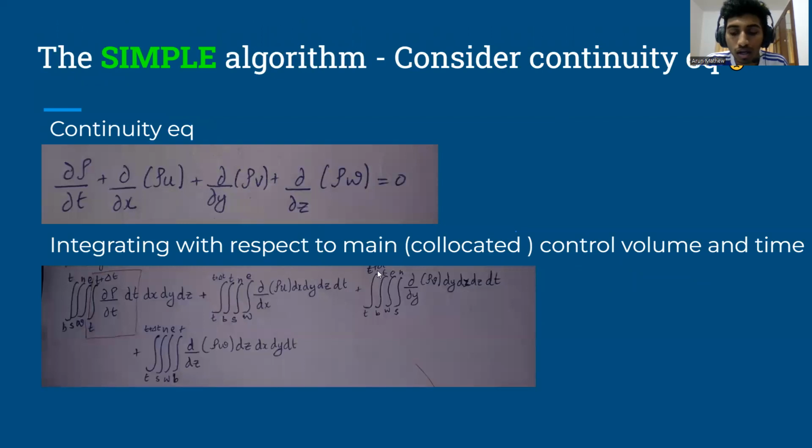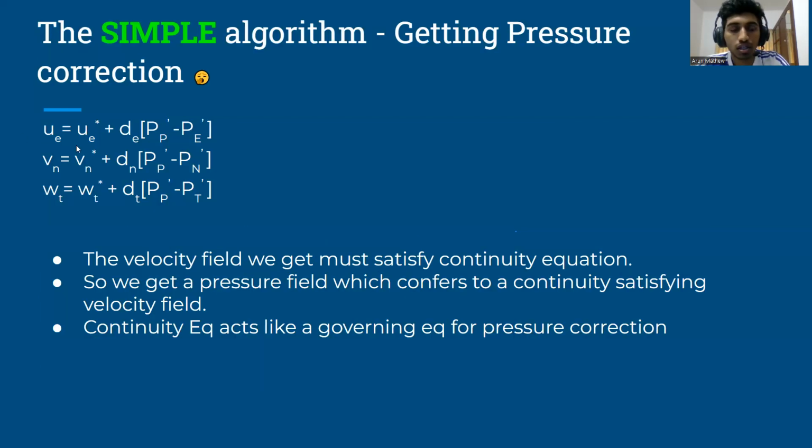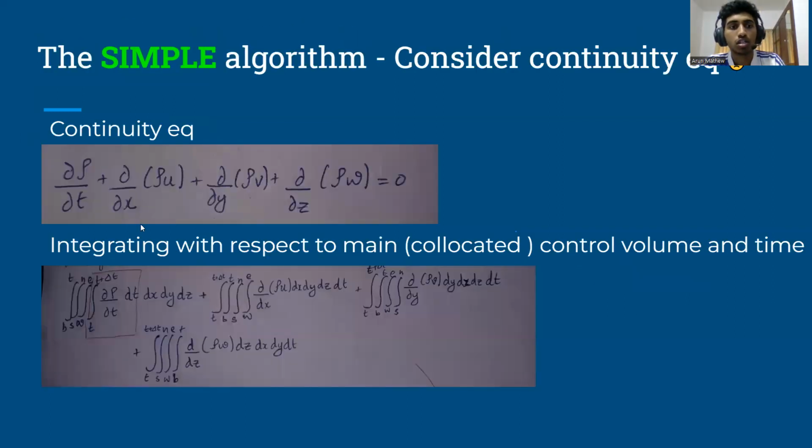So we write, please note, this velocity correction in the x, y, and z directions. The continuity equation is written as dou rho by dou t plus dou by dou x of rho u plus dou by dou y of rho v plus dou by dou z of rho w equal to 0.